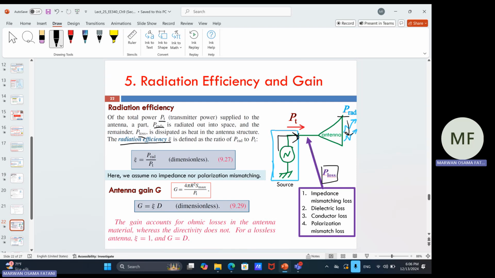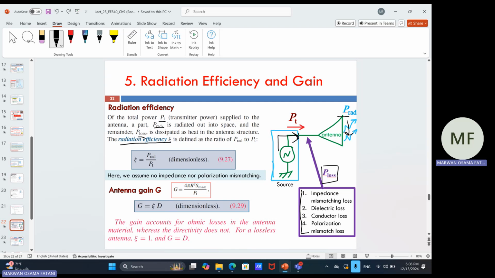We have a lot of losses that come with the transformation to a signal. We have impedance and mismatching losses, dielectric losses, conductor losses, polarization mismatch losses, and also reflections and heat, which are all basically resistances in the wires itself.